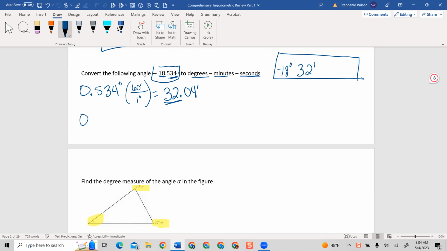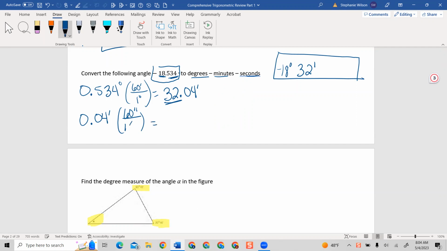We're going to focus on the number behind the decimal, and let's solve for it. We know that in 1 minute, we get 60 seconds. And I should have kept the notation. Let's keep the notation the same.